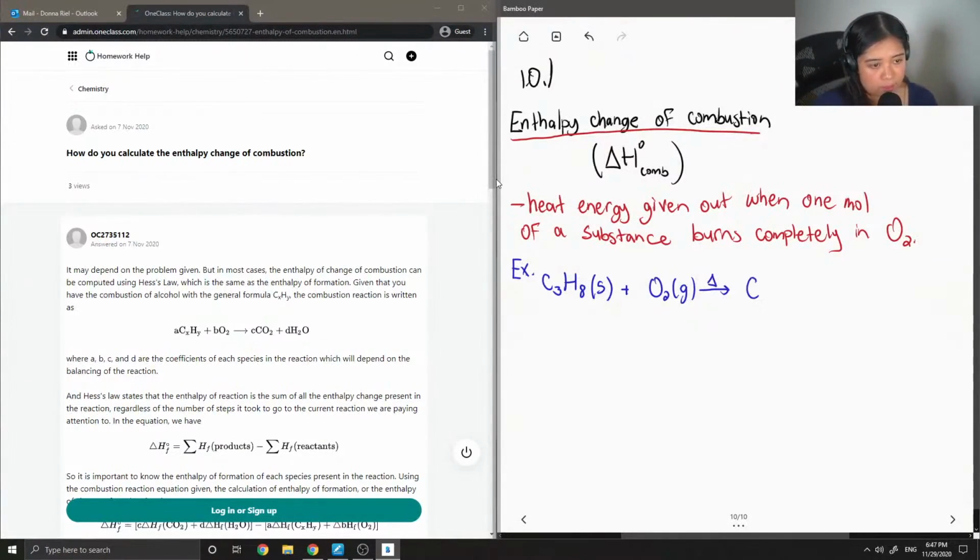The products of every combustion reaction is CO2 and water. Just write states.